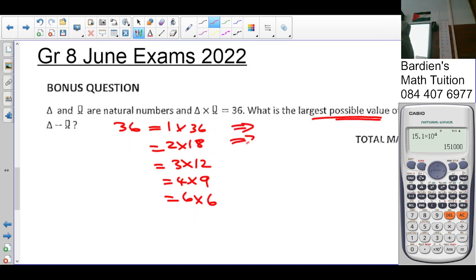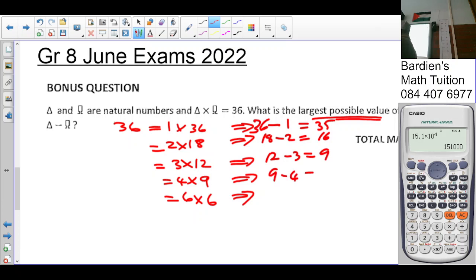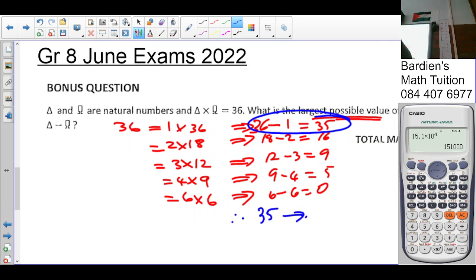It's going to be 36 minus 1 equals 35. Can you see that? 18 minus 2 is 16. 12 minus 3 is 9. 9 minus 4 is 5. 6 minus 6 is 0. So what is the largest possible value? 35. That's the largest possible value here.